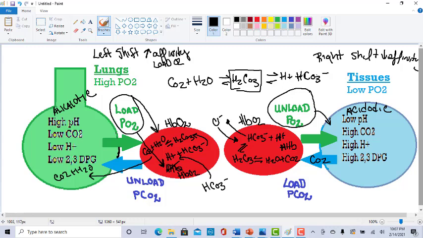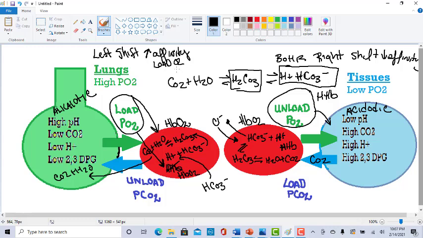So in the tissues, because you have low oxygen, the affinity for your hemoglobin is low for oxygen. You have this acidic pH. This is going to be the Bohr effect. This is going to be the way that equation dissociates in the tissues. And this is going to form that HHb and affect your transport that way.